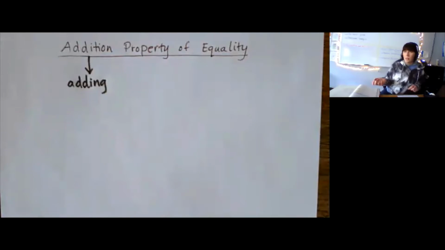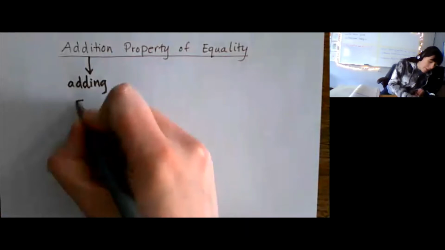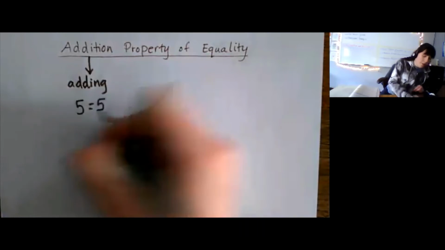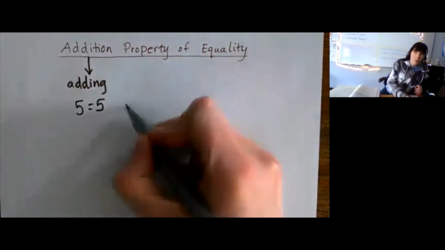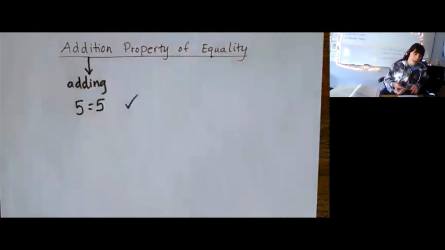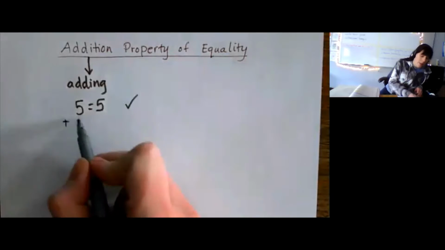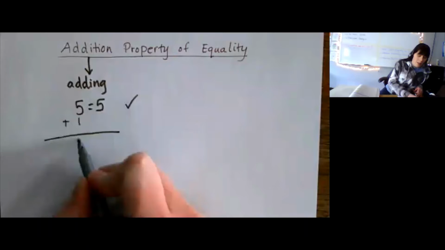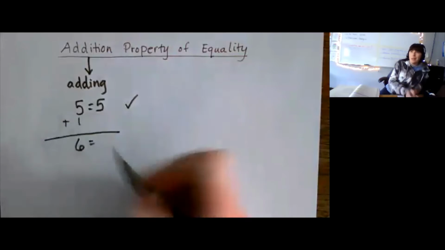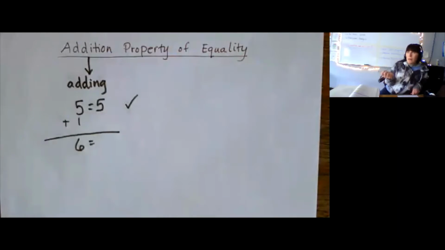If I had the equation 5 equals 5, so it's an equation because there's an equal sign in there. 5 is equal to 5, we know that's true. If I added 1 on this side, it's equal to 6, but if I didn't add it on the other side, it would only be 5.